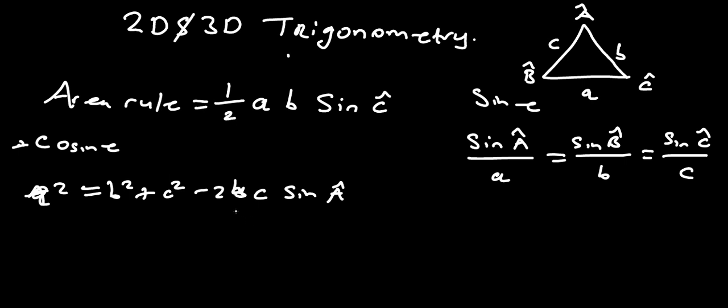Minus 2 BC cosine of angle A, remember. So if we've been given angle A and also these two lengths, we are able to use the cosine rule.